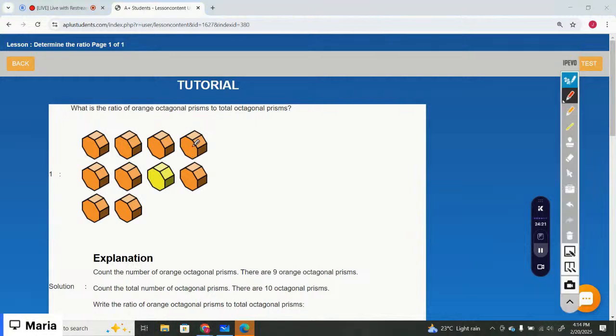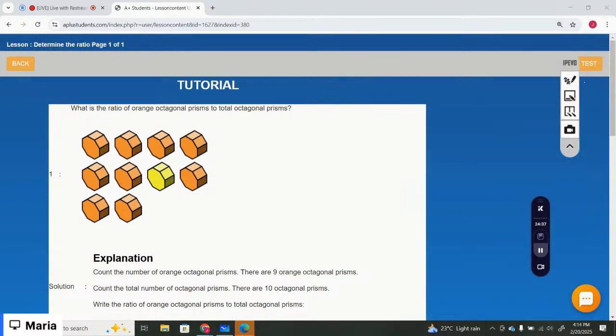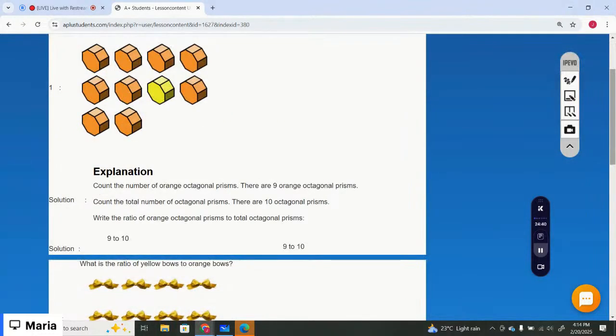So the total prisms are 1, 2, 3, 4, 5, 6, 7, 8, 9, 10. The total prisms are 10 and 9 of them are orange. That is 9 by 10. The correct option is 9 to 10.